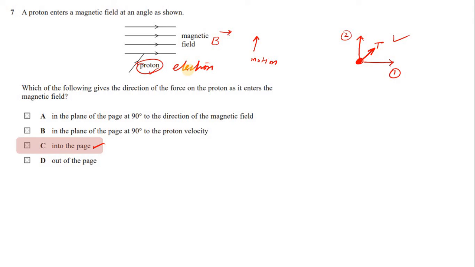But because of the negative charge, the force will act in the opposite direction of your thumb. If your thumb is into the page, the force will be acting out of the page, and then the option will be D. But in this case, because the proton is a positive charge, we take the direction of force as the direction of the thumb, into the page.